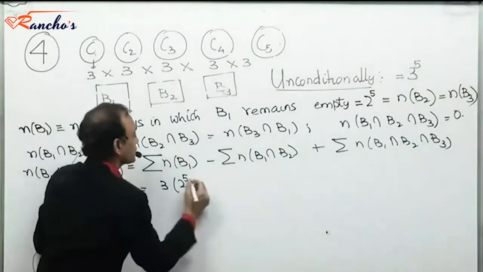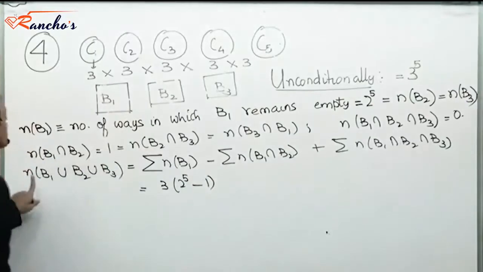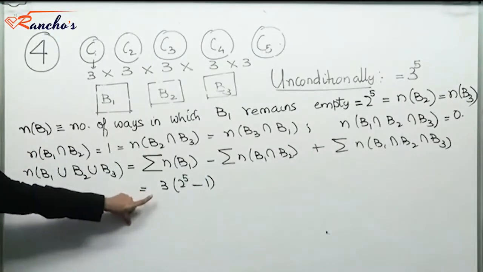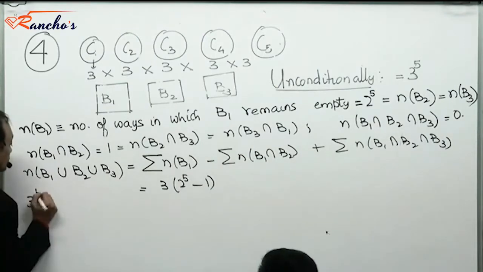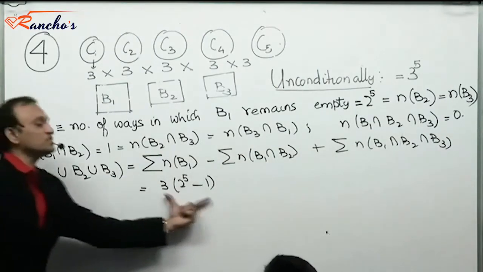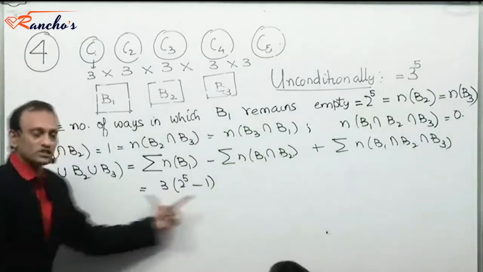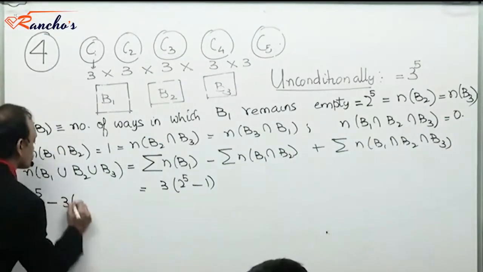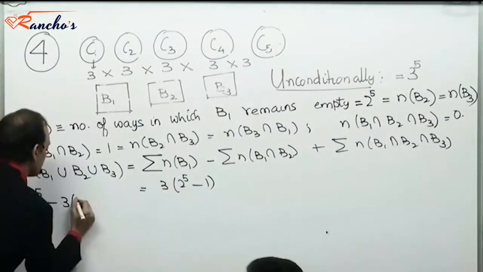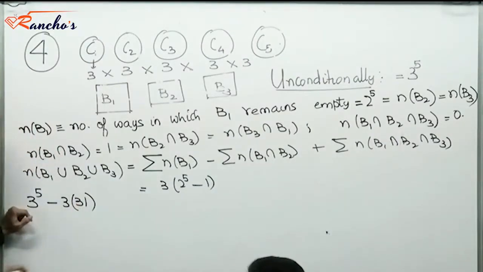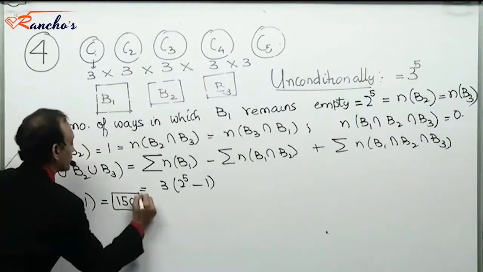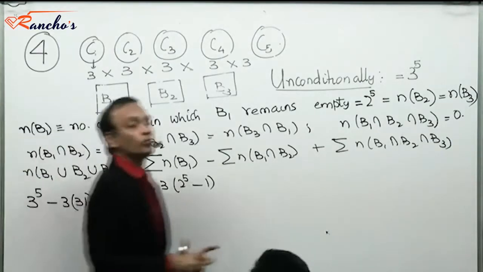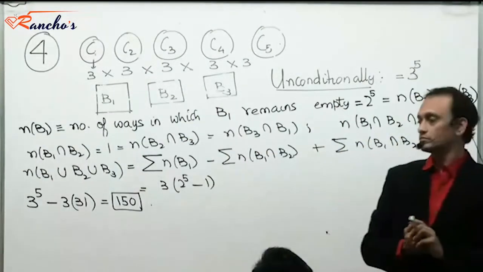One way, so minus 1, right? These are the number of ways in which at least one box remains empty, and the total number of ways are 3 to the power 5. From 3 to the power 5, I remove these cases in which at least one box remains empty, which is 3 into 2 to the power 5 minus 1, 31. How much? 150. Okay, so this makes it 150, in which no box remains empty, right?